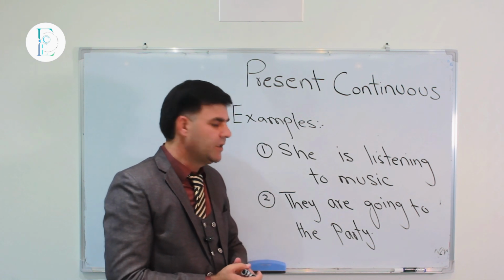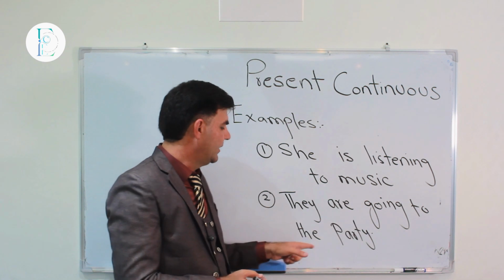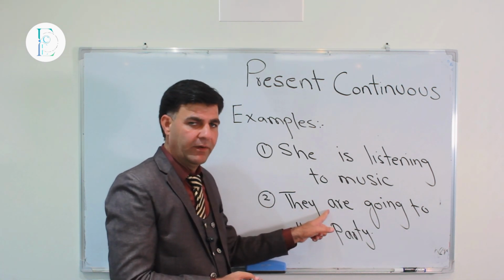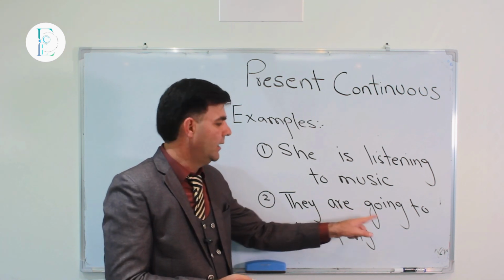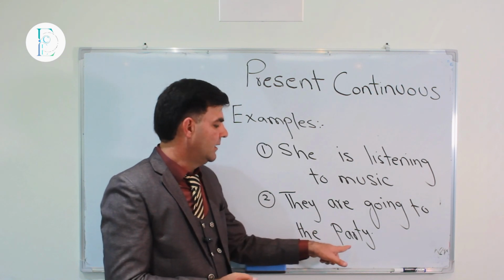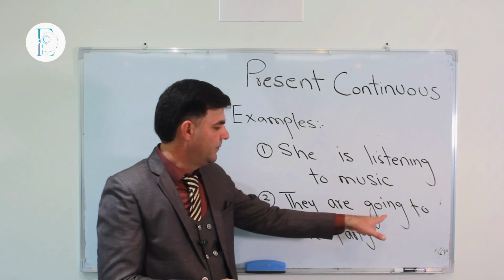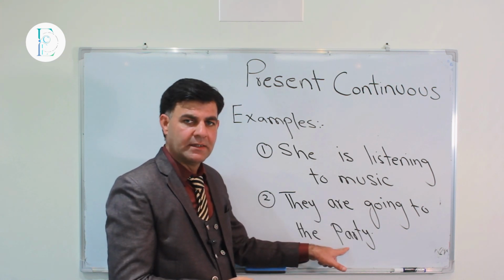They are going to the party. They, subject, are, helping verb, going, go plus ing, going to the party, party is object. So subject, helping verb, main verb plus ing, and party is object.